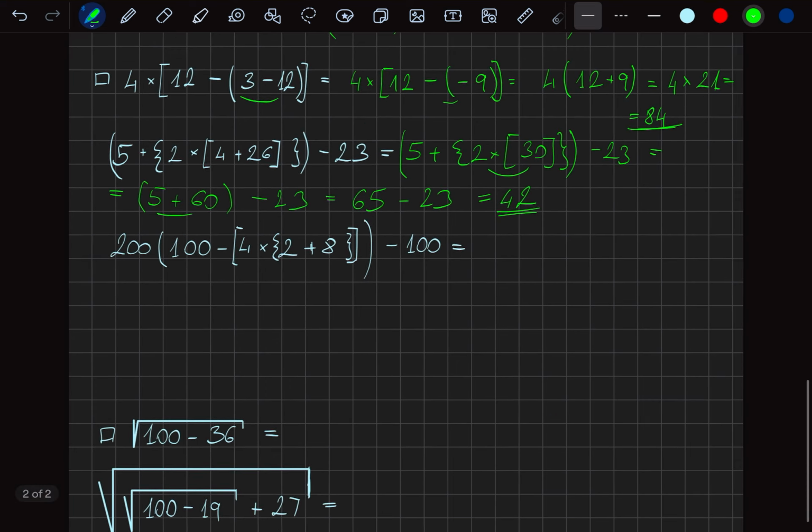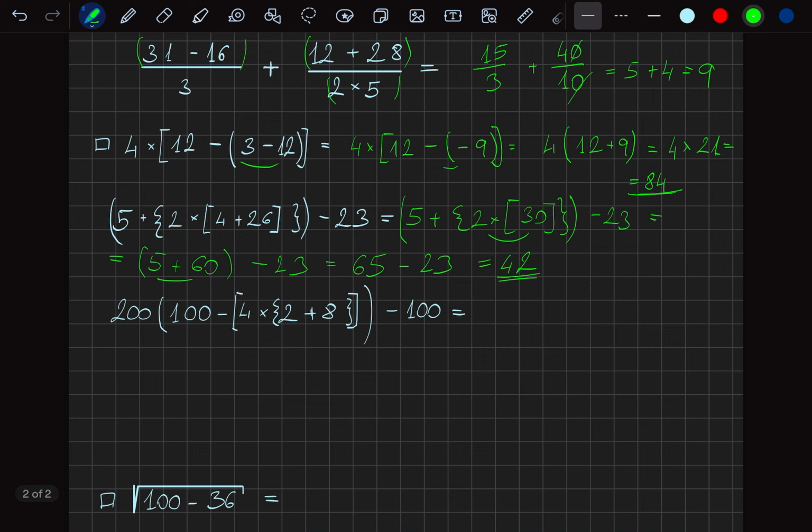Okay, next one, the same. 200 times 100 minus 4 times inner bracket, 2 plus 8, it's 10, minus 100 equal, I will continue here. I open this bracket. 200 times 100 minus 4 times 10, it's 40.